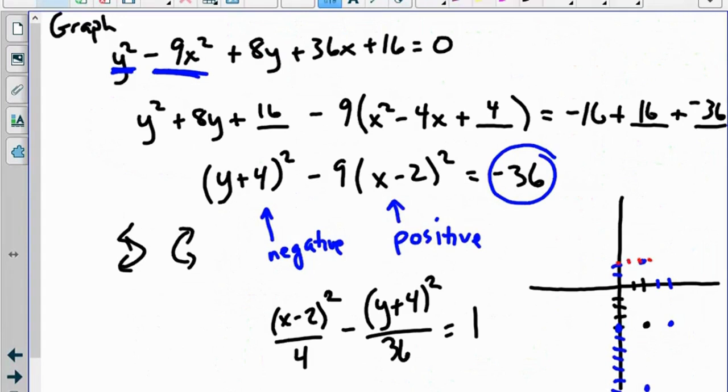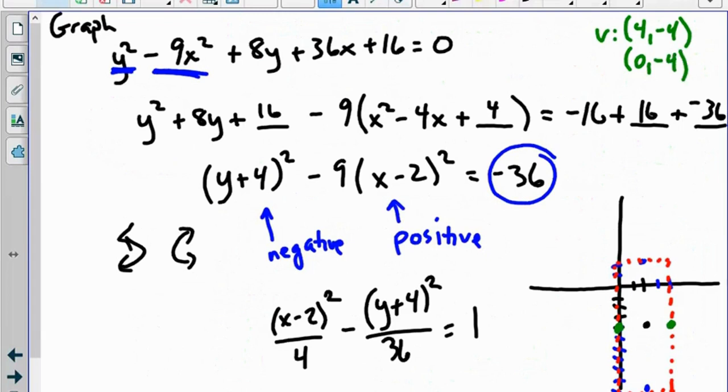So in this particular case, notice that even though in the x direction it is a lot smaller, these are the vertices in the problem. So our vertices are at 4, negative 4, and 0, negative 4.